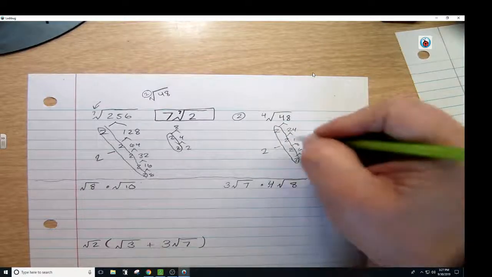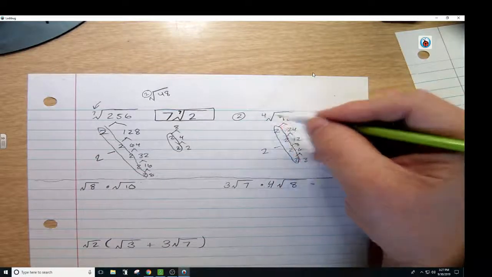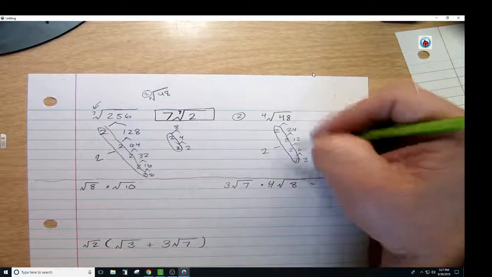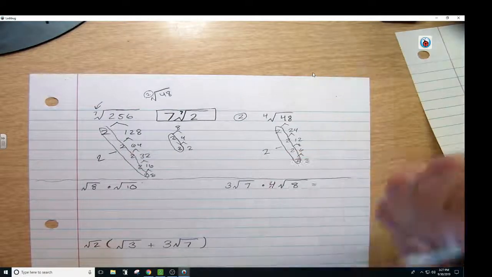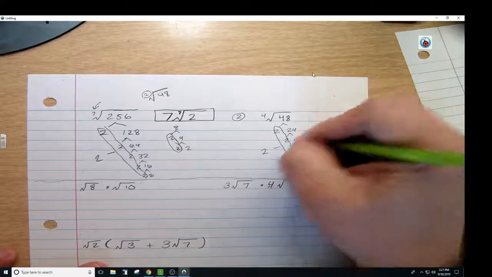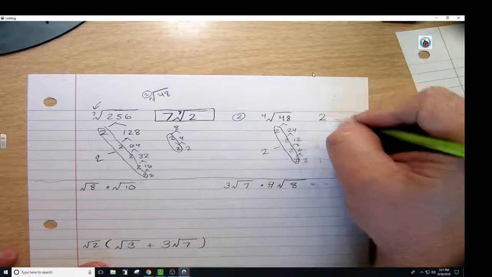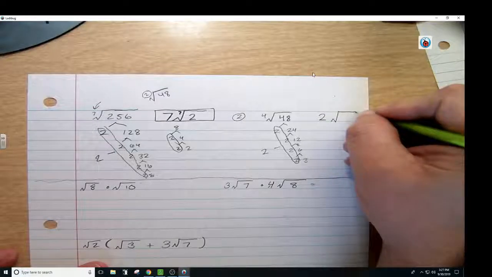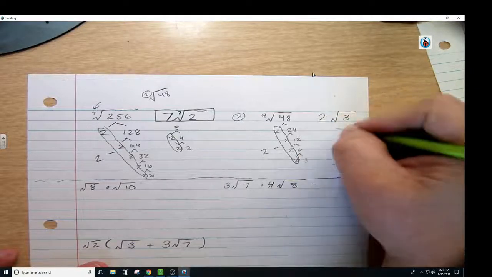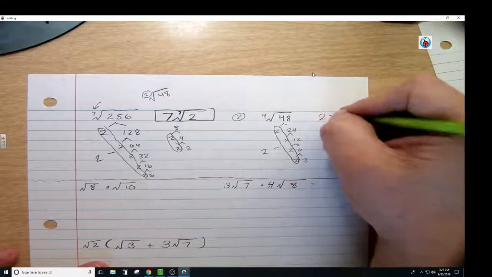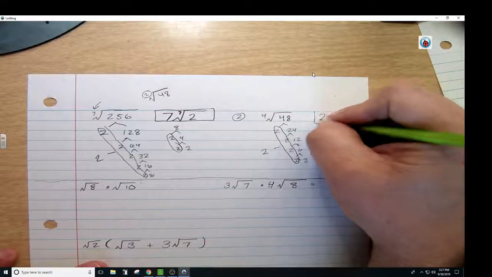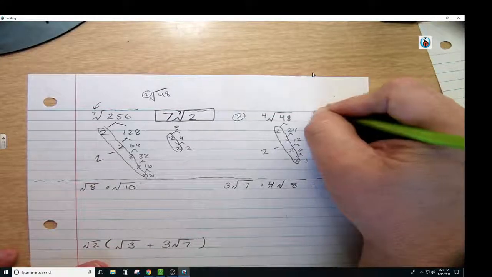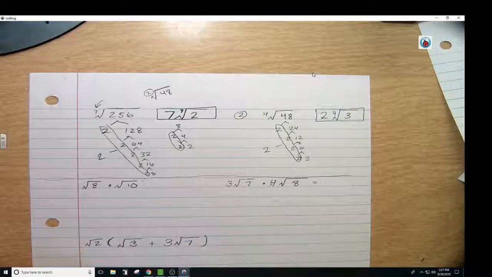Remember, we always bring 1 two out regardless of what the index is. If it was 10, you circle 10 2's, you bring 1 two out. So now 2 goes on the outside, and 3 is left over, and that will go back on the inside. And don't forget to put your 4 there. Now, that's simplifying higher roots.